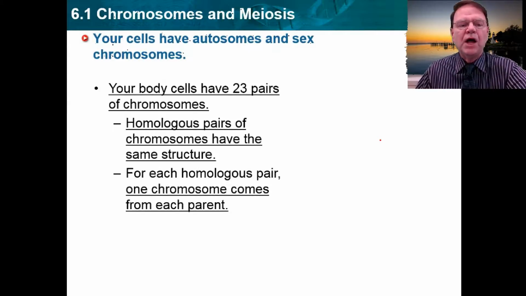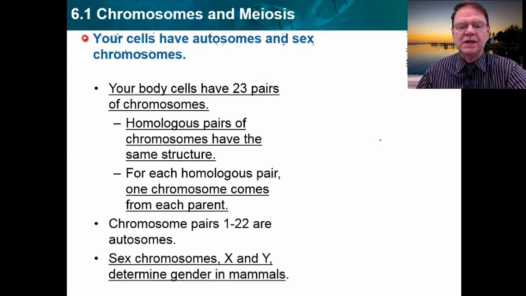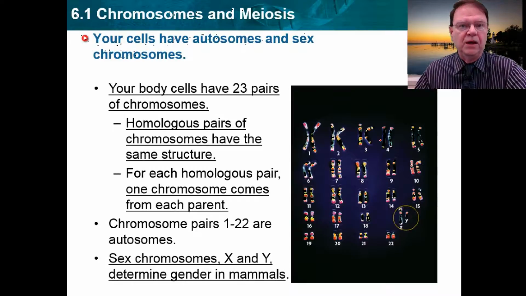For each homologous pair, one chromosome is going to come from each parent, and that's what makes them so different, even though they have a related purpose. Chromosome pairs 1 through 22 are considered autosomes. And then you have the sex chromosomes, the X and Y, that determine the gender that we find, particularly in mammals. I have circled here the X and the Y chromosome out of the 23 pairs.